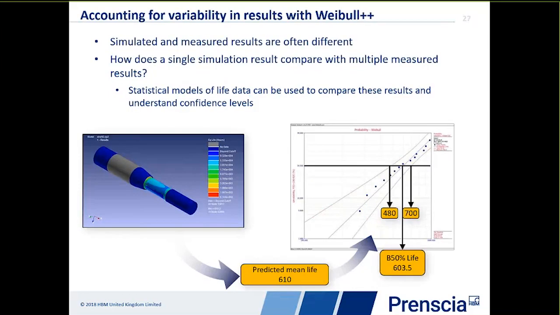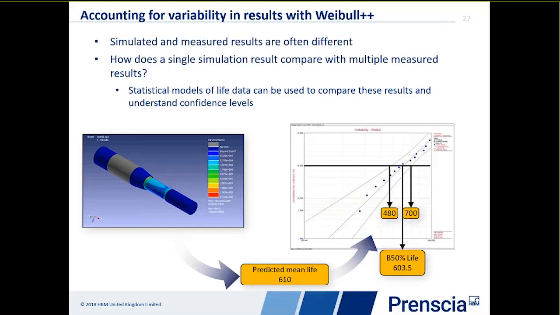The other additional topic that I'd like to cover with you guys is how we can account for variability in results. Now, this isn't so much about taking two time series signals and overlaying them on top of one another, but rather taking FE results for durability as well as measured results for durability and trying to compare them.